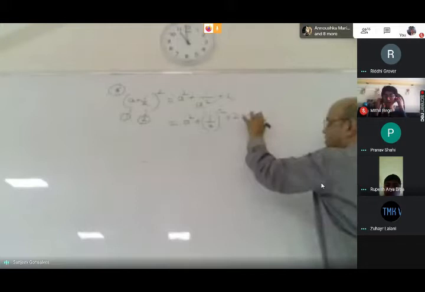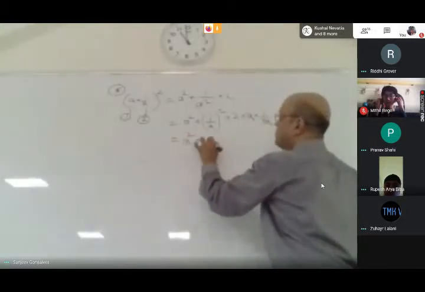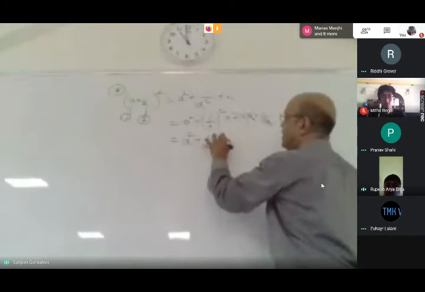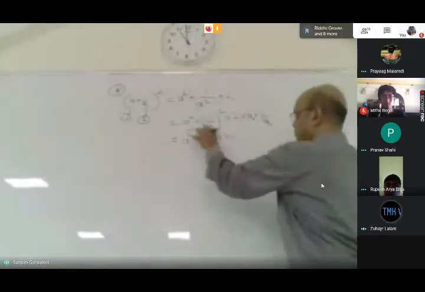Here a and a will get cancelled. So a square plus 1 upon a square plus 2. So this is the expansion.